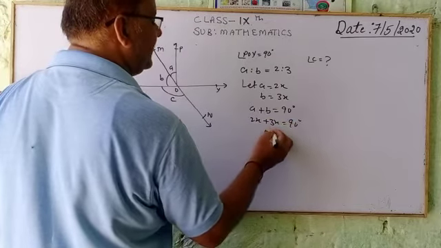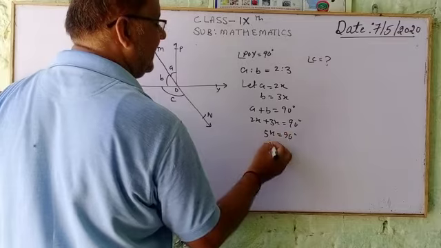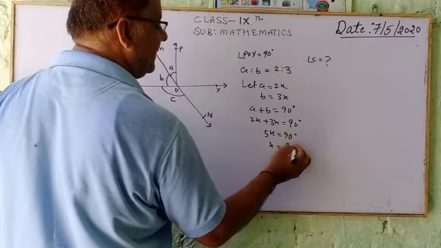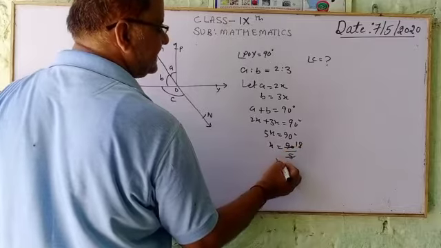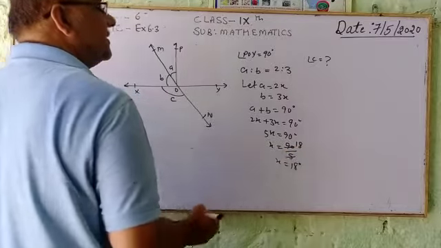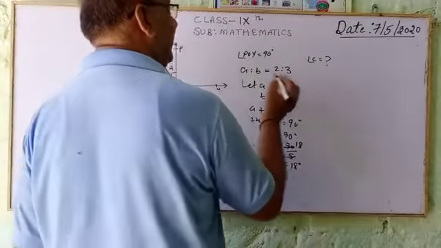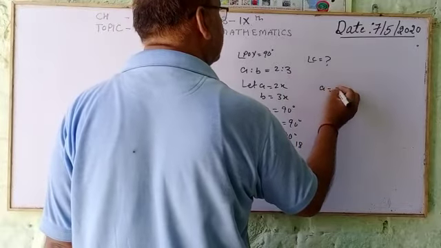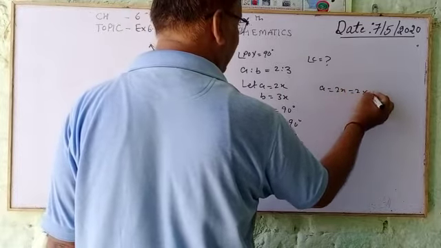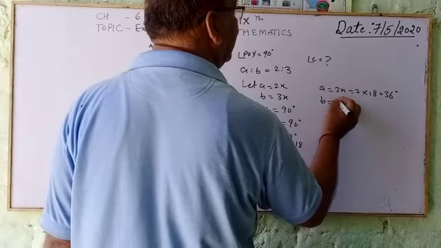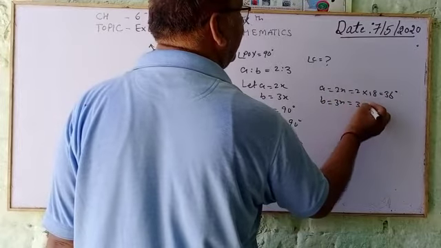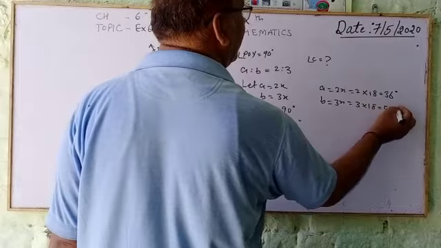We get 5x equal to 90 degree and x equal to 90 upon 5, that is x is equal to 18 degree. So we find out the angle A. A becomes 2x, that is 2 into 18. Also we get 36 degree, and angle B 3x, 3 into 18, that is 54 degree.